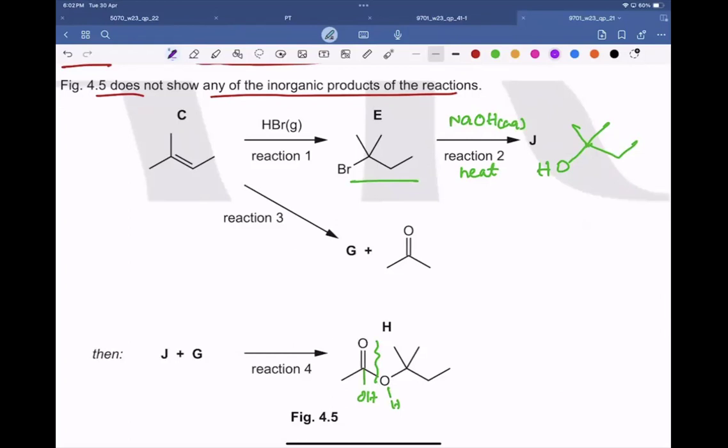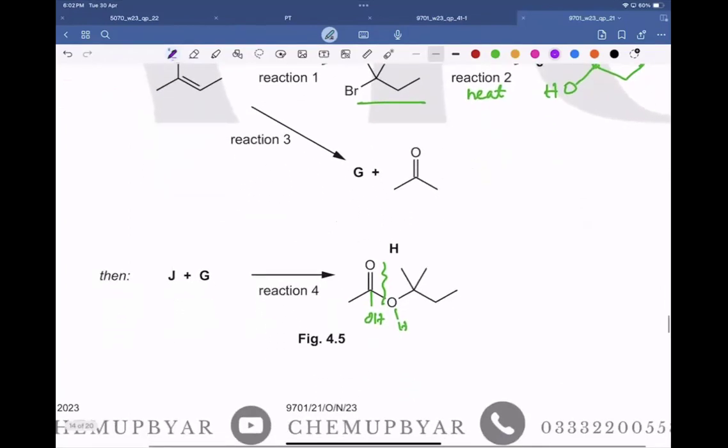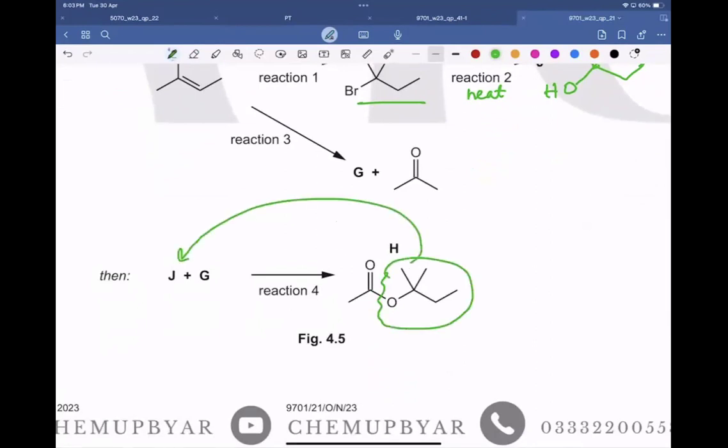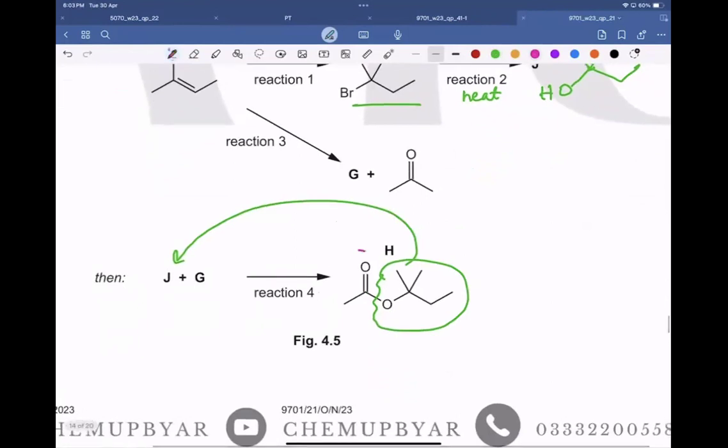Now, further, if you look at H, this part comes from J, so the rest of the part comes from G. So G must be C double bond OOH, right?